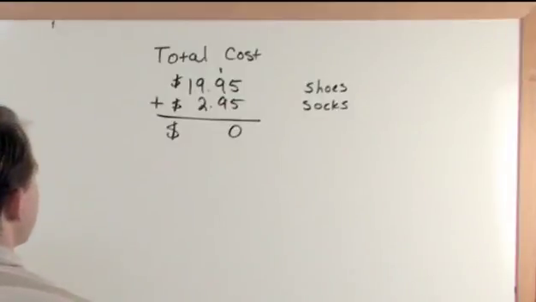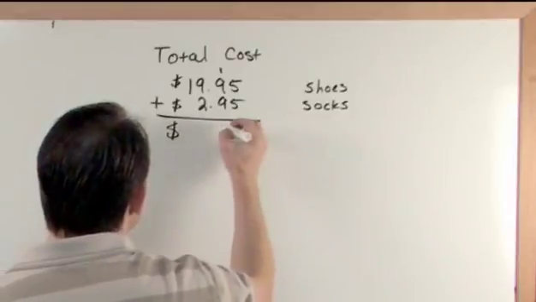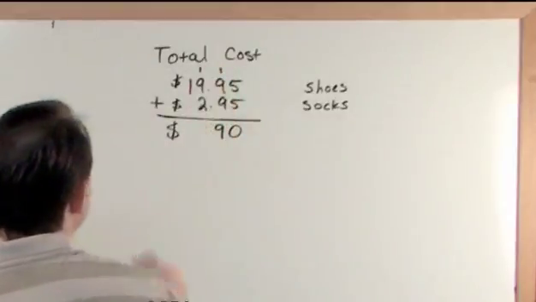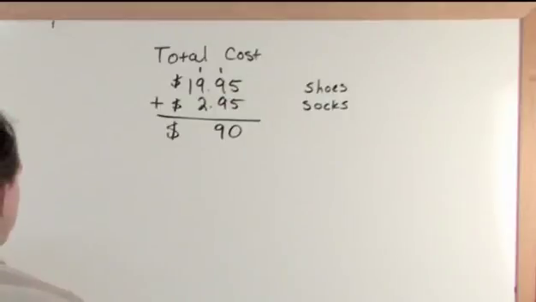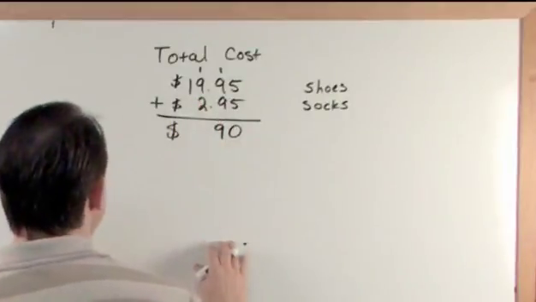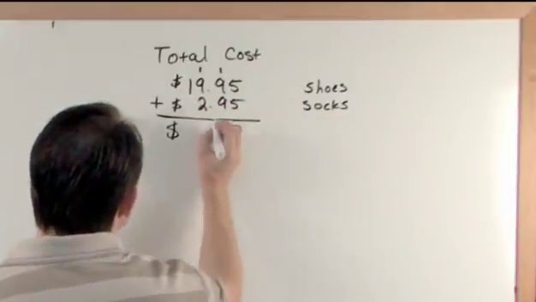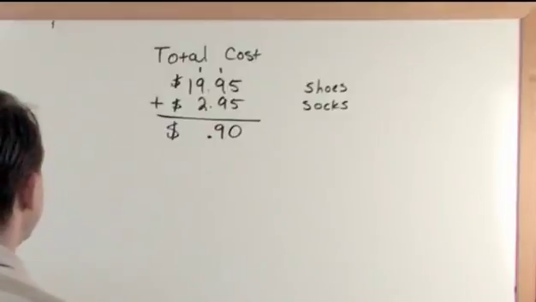I added 9 more and got 19. But again, I don't want to write 19 down here with the 1 and a 9. I'm going to put the 9 here and carry the 1. So you're always going to be doing this in your addition problems. Now, these two decimals are on top of each other and it just falls right on down. That's why we do that.